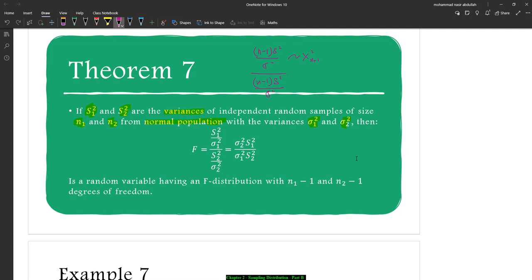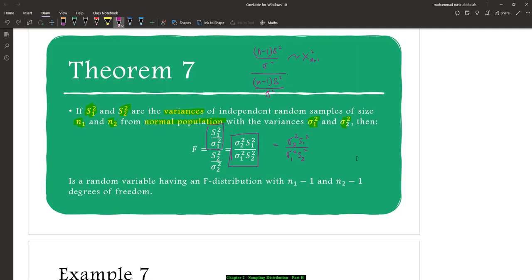Okay, so theorem number 7 says that S1 squared divided by sigma 1 squared can be manipulated to get this final formula, which is sigma 2 squared multiplied by S1 squared, divided by sigma 1 squared multiplied by S2 squared.